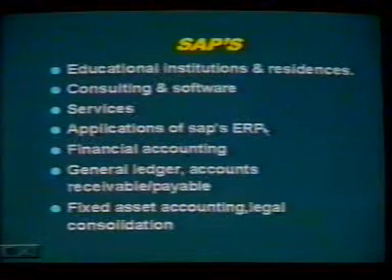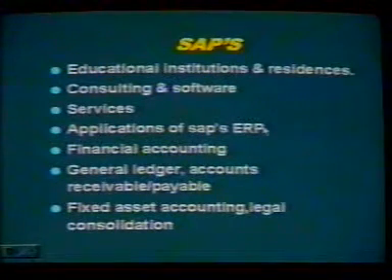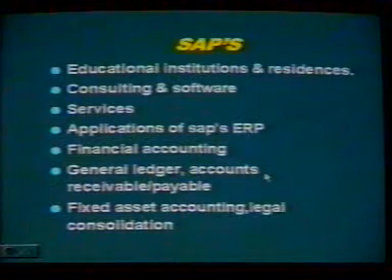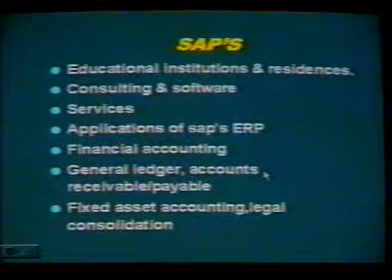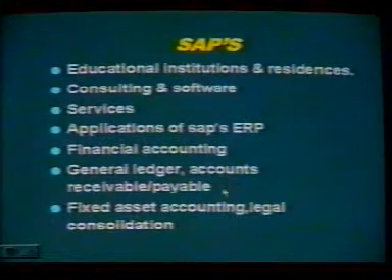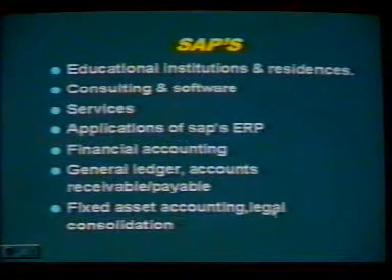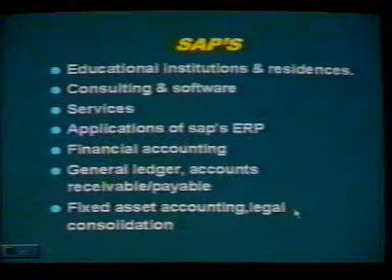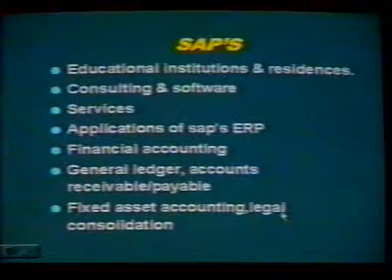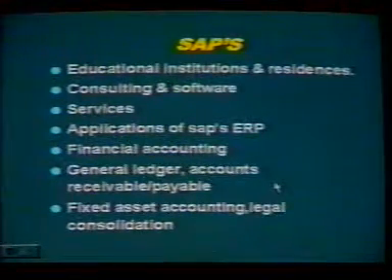Now, the application of the SAP ERP includes financial accounting, which is the backbone of any business organization: the general ledger, accounts receivable and payable, fixed assets. The company has land, buildings, etc. That's handled by the ERP financial package, legal consolidation.